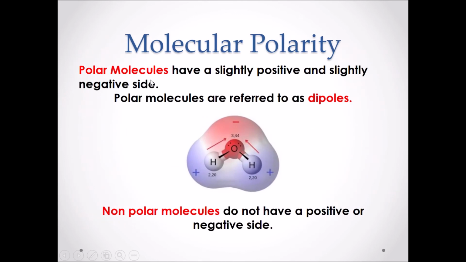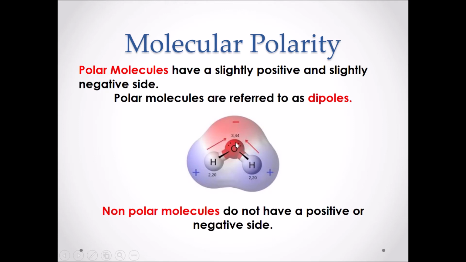Just like polar bonds, polar molecules also have a slightly positive and slightly negative side. Polar molecules are also referred to as dipoles. In our example, we can see a molecule of H2O, where both bonds have a polarity vector pointing upwards. That means that the more negative side of both bonds is located closer towards oxygen.